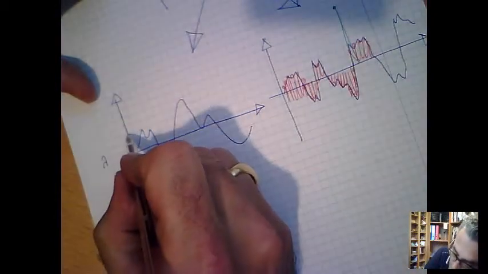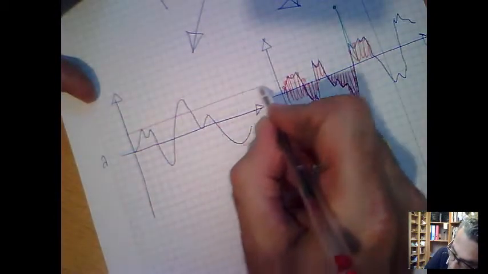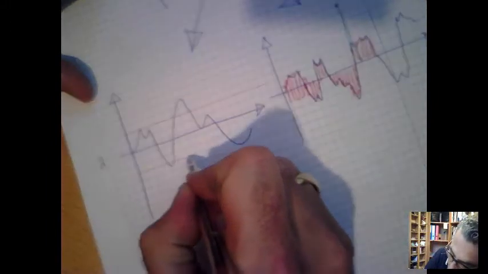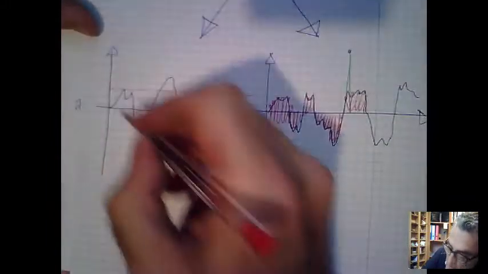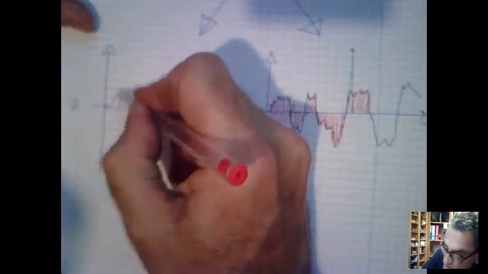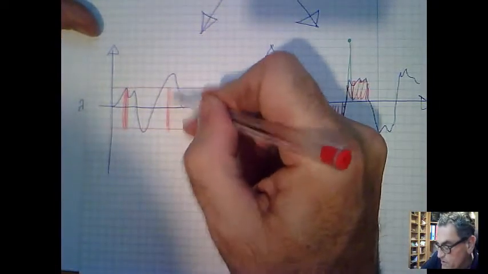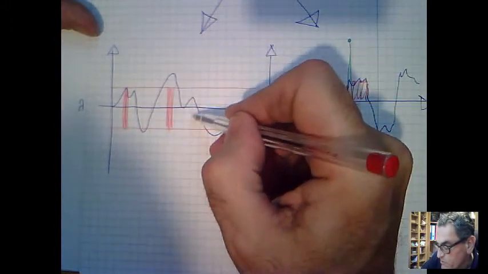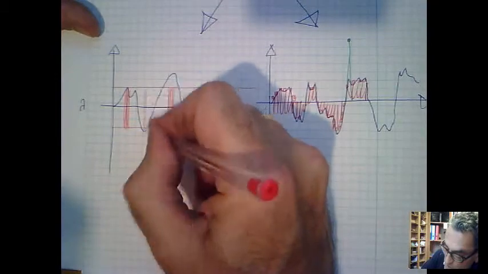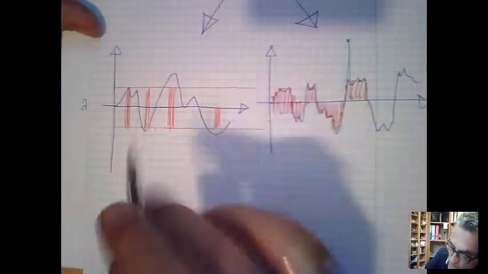So I will construct a signal which has the same amplitude all over, but where my signal is higher, the frequency is going to be higher. So in these places, the frequency is going to be higher. Here too it is going to be higher. Here too, well, then you have negative, don't worry.